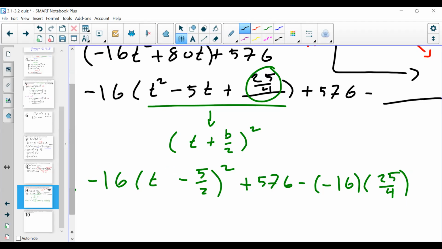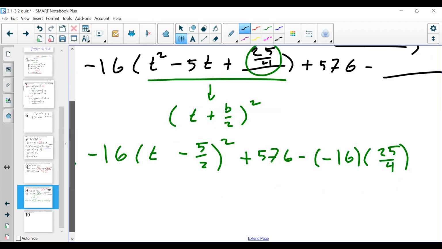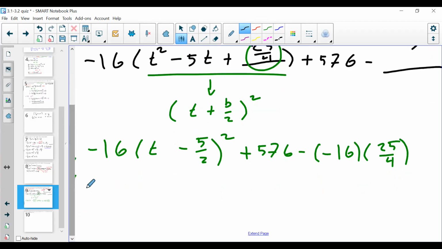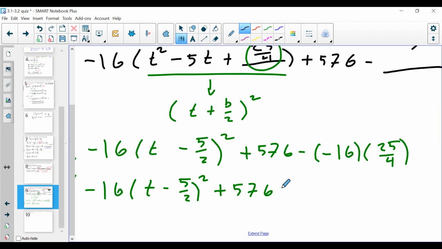So from here, I have negative 16 times t minus 5 over 2 squared plus 576, and negative 16 times 25 over 4. That's going to give you positive 100.